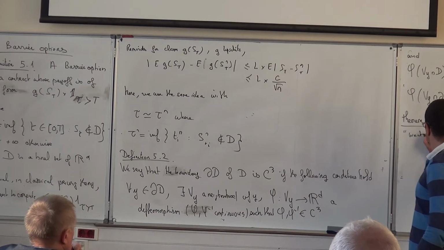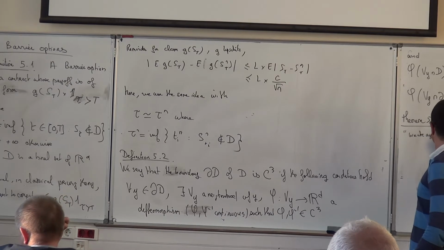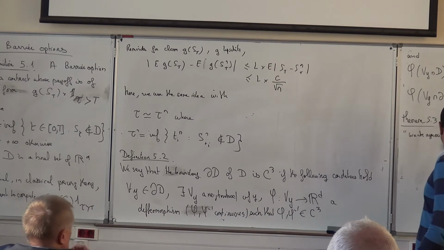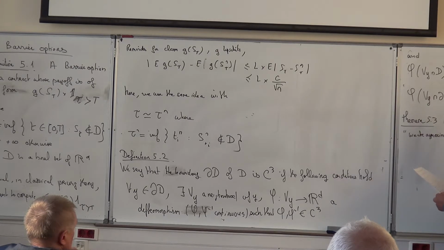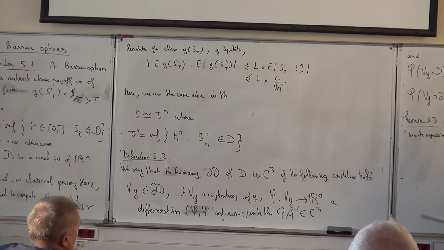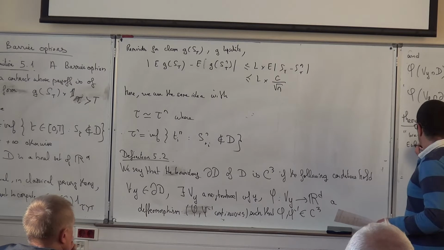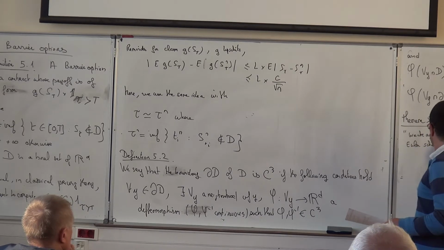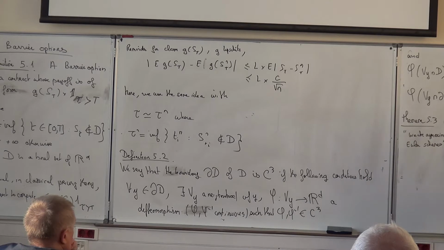"Weak approximation of killed diffusion using Euler schemes" by Emmanuel Gobet from École Polytechnique, Paris.